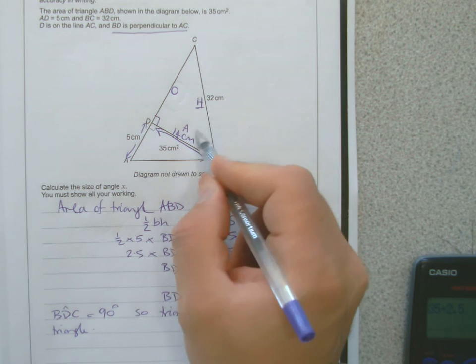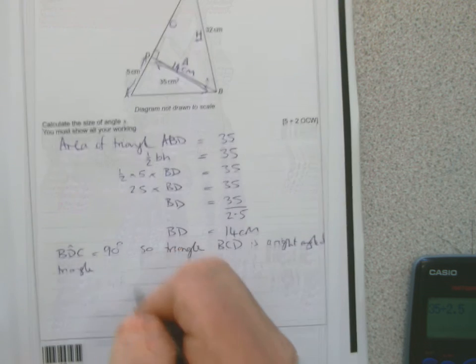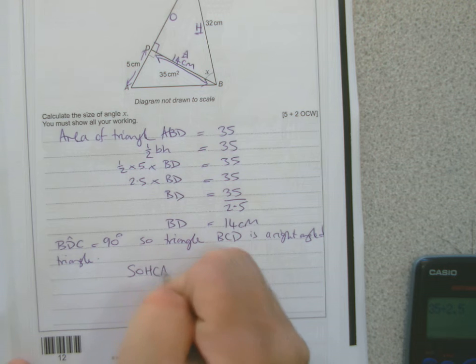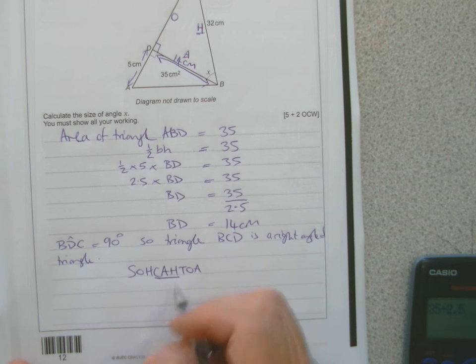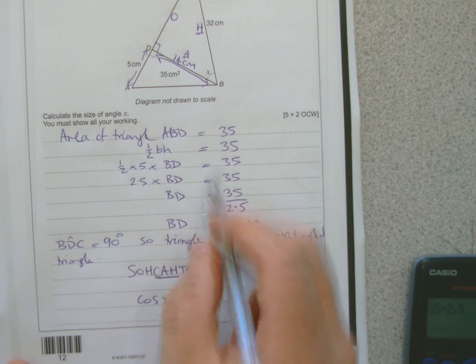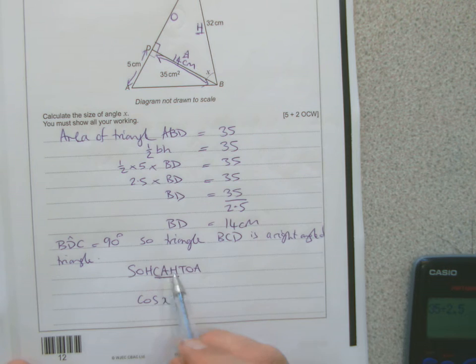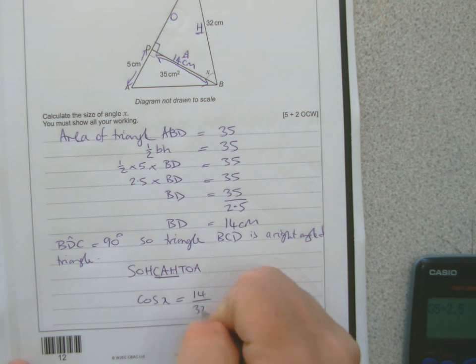I know H, I know A. So H and A is cos. So cos of the angle X equals, go in that order, A divided by H. So A is 14, divided by H which is 32.